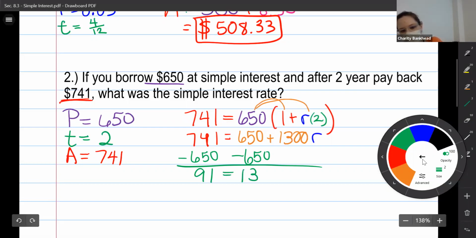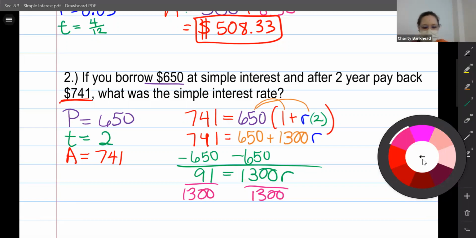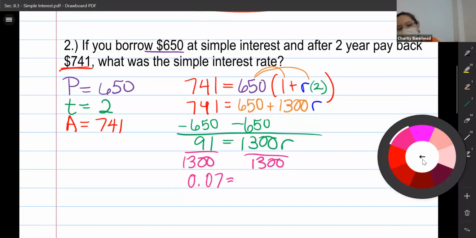So 91 equals 1300 R. And then just divide both sides by 1300. So that's 0.07 equals R. So let's change that to a percent. So that's 7%.